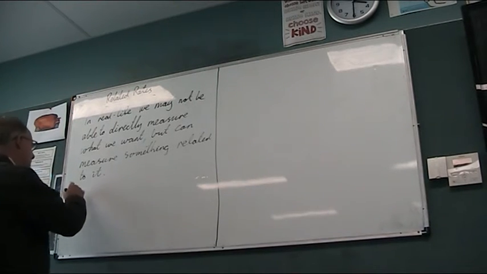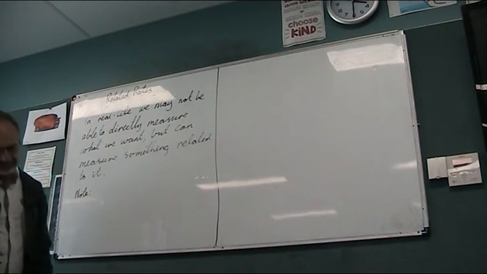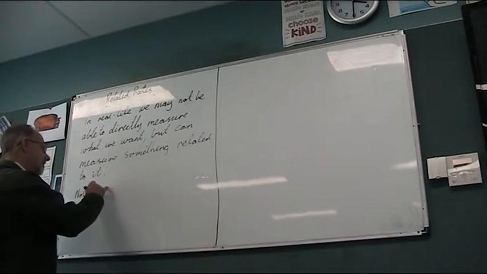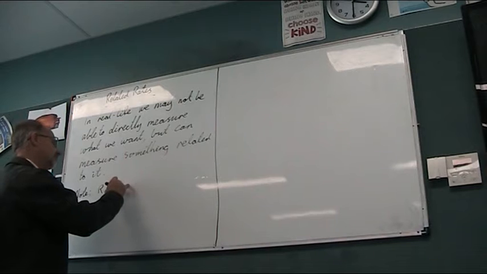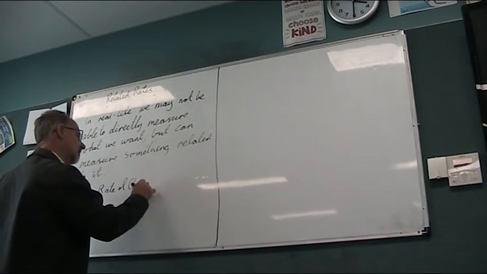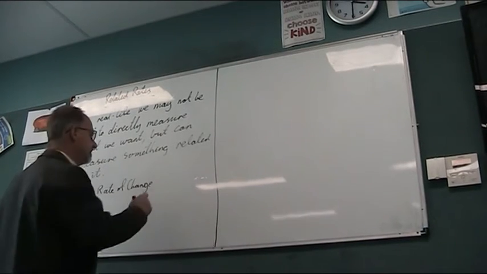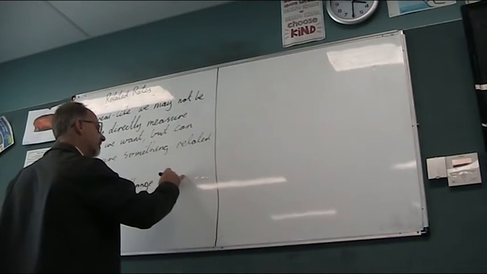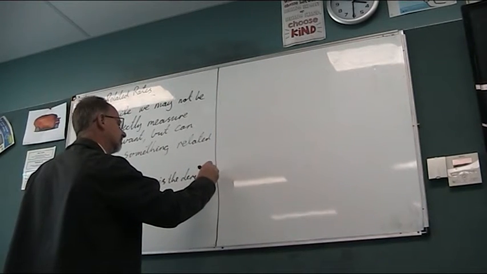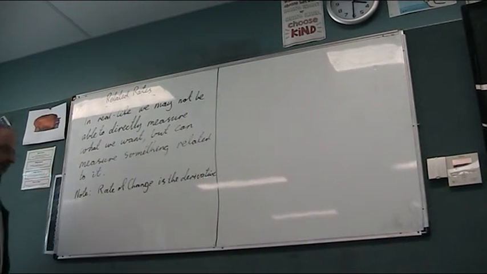So first of all, a note. When we talk about a rate of change, first of all, when you read rate of change, it means it is the derivative. So what rate is the volume changing, and so on.